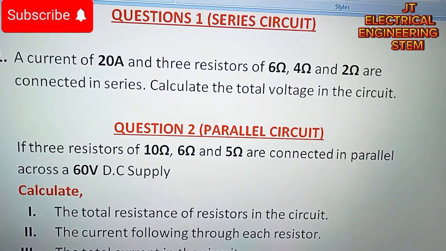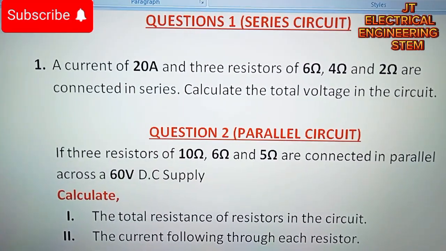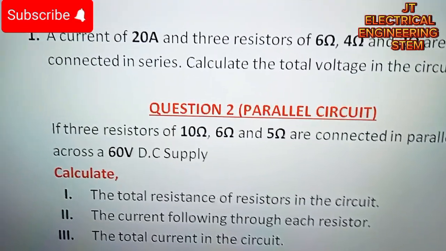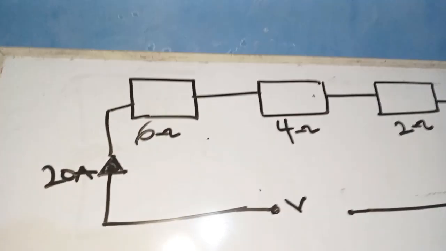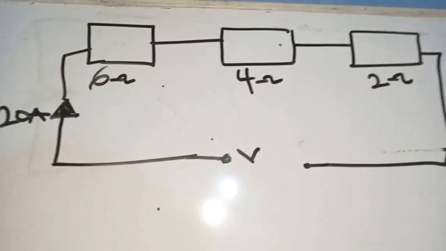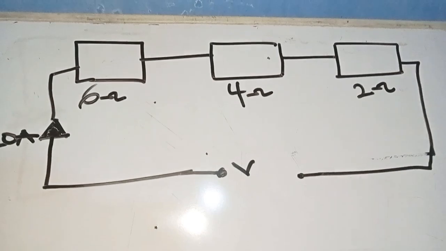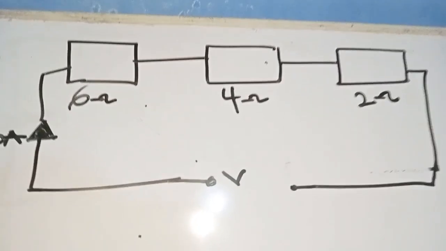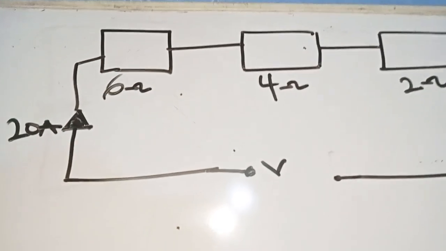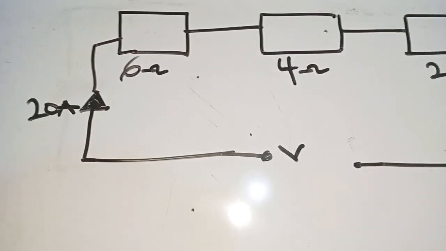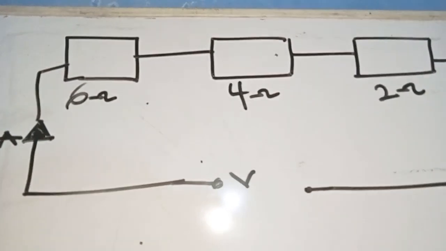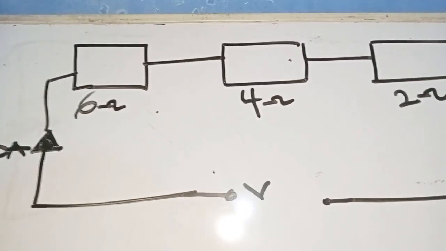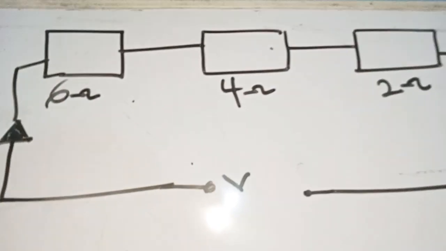So we are going to calculate the total voltage in the circuit. If you watched my previous video on how to calculate resistors in series, we learned that if resistors are connected in series, we sum them up together to find the total resistance.